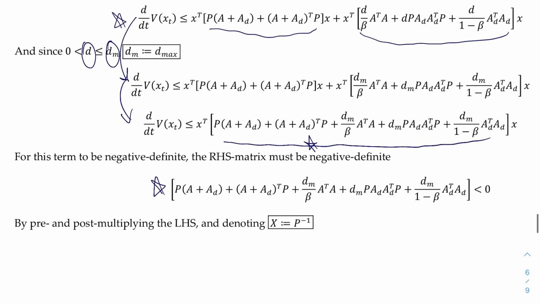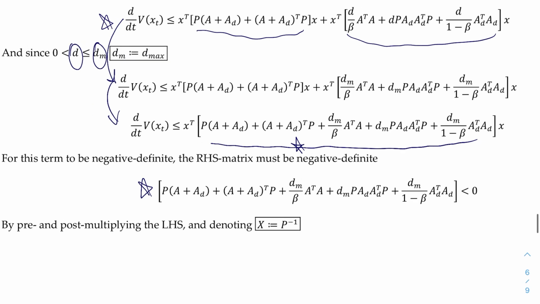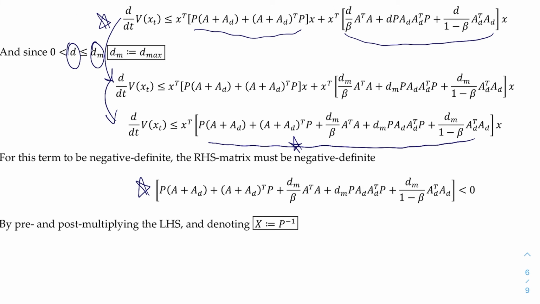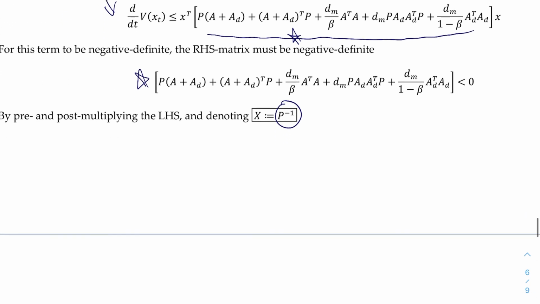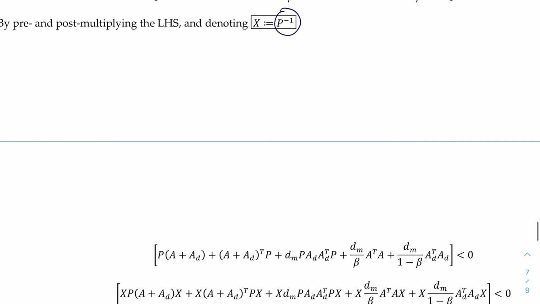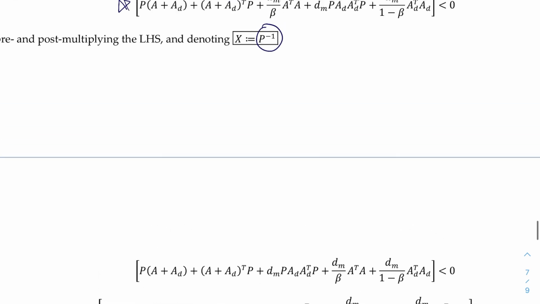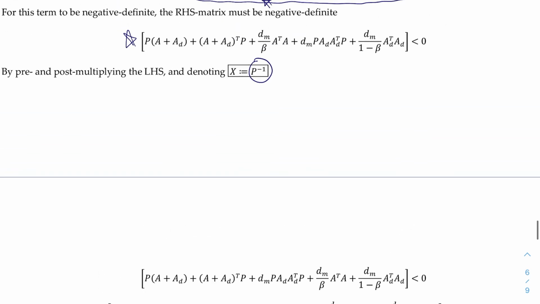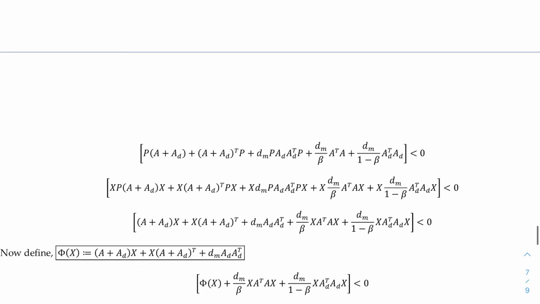And we need to pre and post multiply the left hand side of that inequality, right? And after doing that, we also denote x as P inverse. So here you can see that. I guess that is the same, right?